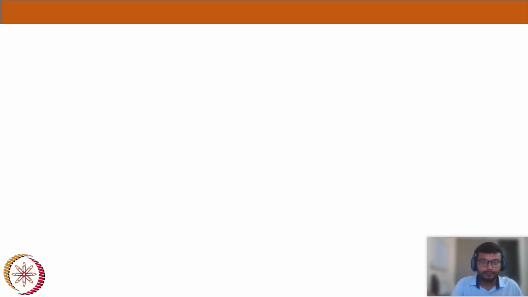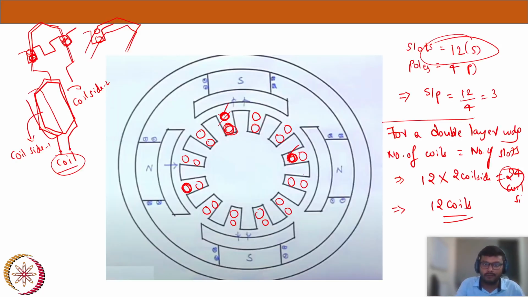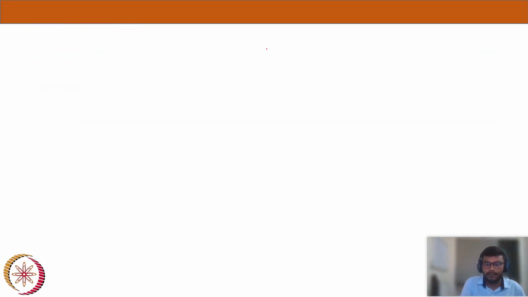Now let's say we unwound that rotor part. Here we have a rotor like this. It's a circular structure. What I will do is take a cross section like this and make it parallel. I will just make the diagram here, then you will get an idea.